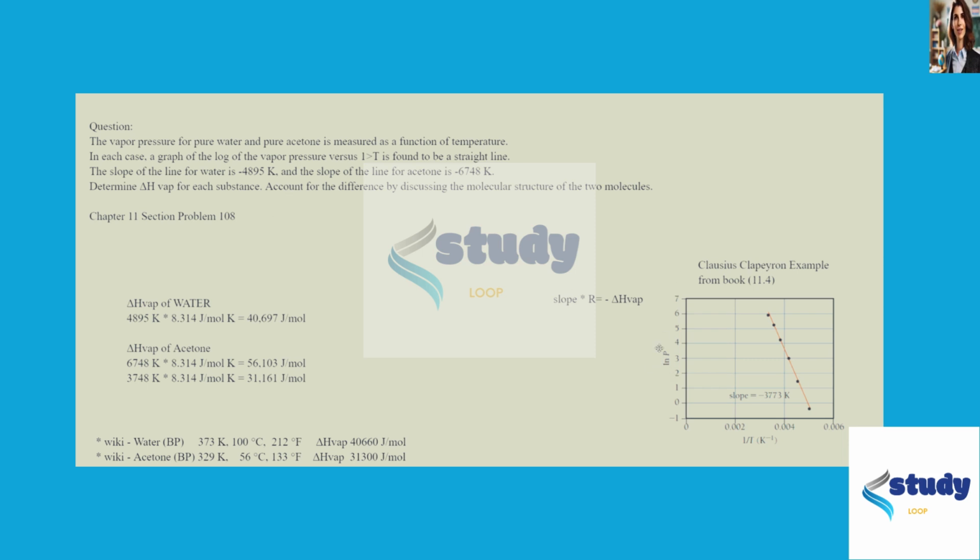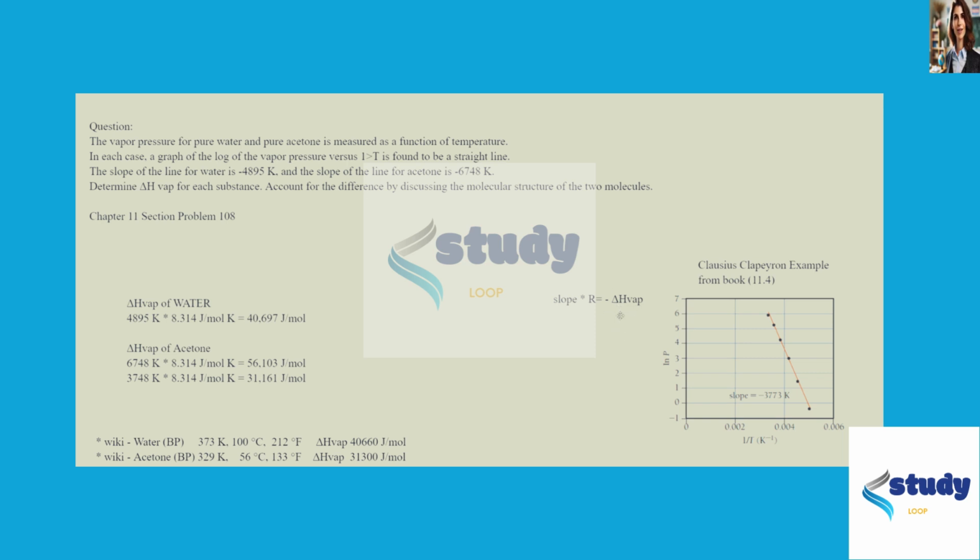Okay, so if you look in the book in example 11.4, it provides the kind of graph that probably these students were attempting to make, and it's derived by the Clausius-Clapeyron equation. Essentially, if you plot the natural log of P versus 1 over T, you get a line, you take the slope of that line, and then the slope times R is equal to minus the heat of vaporization.